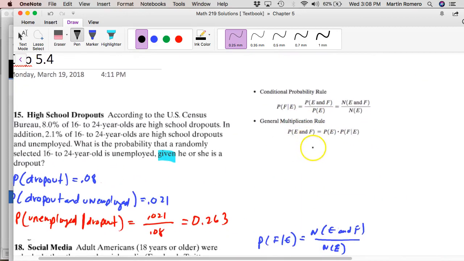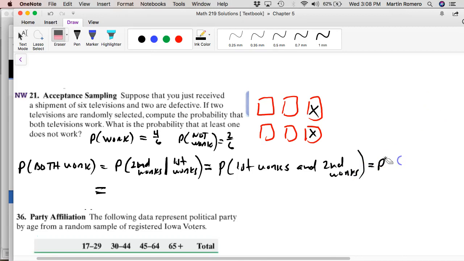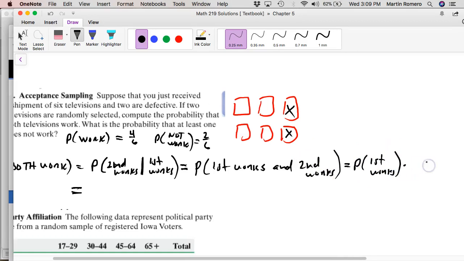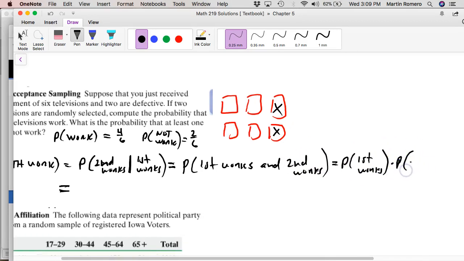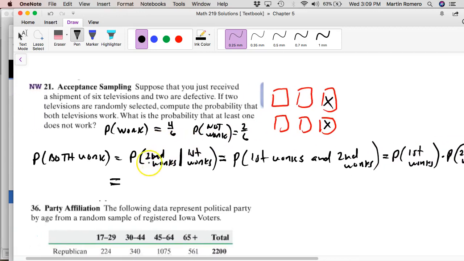Looking at the E and F, the probability the first works, I'm not running out of space here. The probability that the first works times the probability that the second works given the first works.